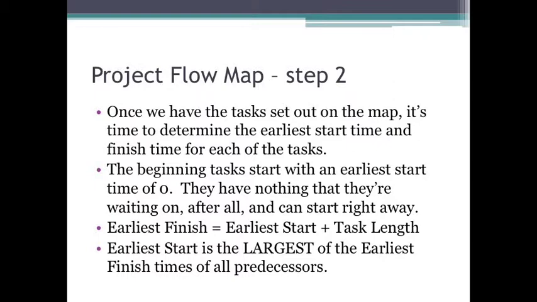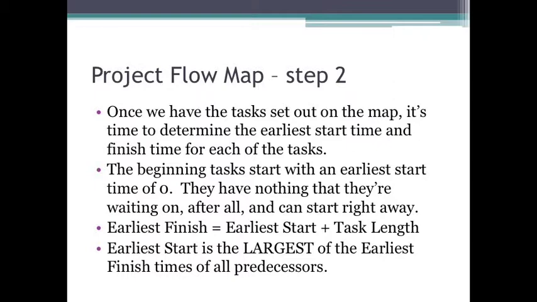Once we have that, it's time to use it. It's time to go through that project flow map and determine the earliest start and earliest finish time for each task. This is, as you'd expect, the earliest that step in the project can start, and the earliest that step in the project can be completed.